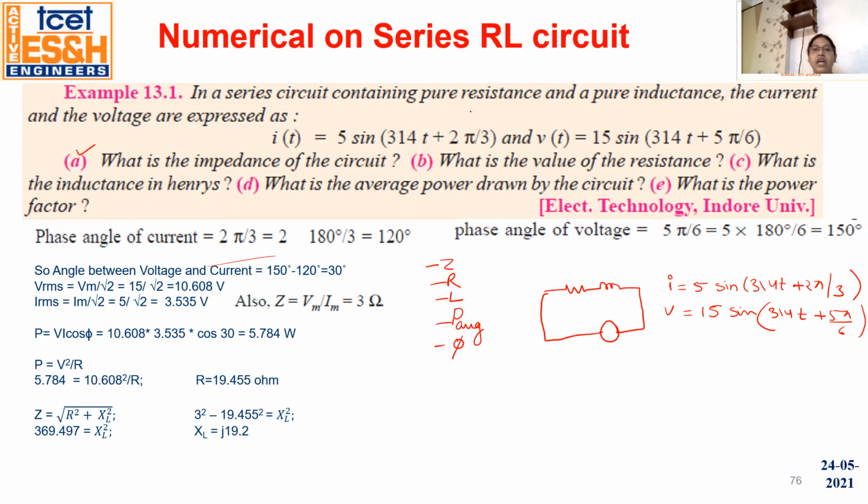First of all, take the equation i(t) equal to 5 sin(314t + 2π/3). From here we calculate the angle. 2π by 3 means 2 multiplied by 180 divided by 3. What will you get?